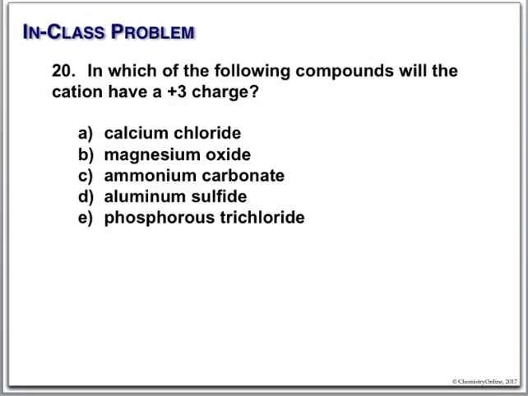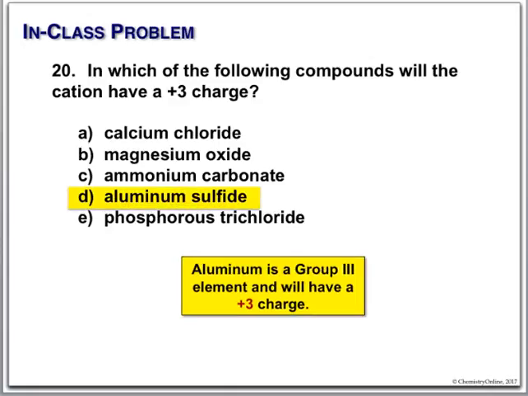So here's our group 3 right here. Calcium is group 2. Magnesium, group 2. Ammonium, that's our polyatomic, and we know that's +1. Aluminum, by George, group 3. And phosphorus trichloride, that is molecular. Aluminum sulfide is the only compound.